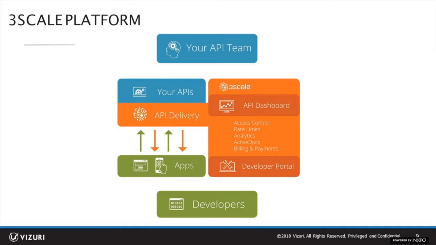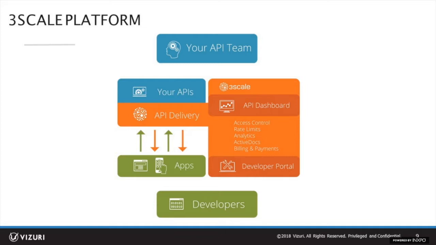This diagram represents the different players involved in your API platform using 3-scale. In blue, you'll see API providers. The API providers publish microservices that expose RESTful APIs. In orange, you see what 3-scale provides. It has an API delivery platform, which is essentially a proxy that people go through to consume APIs.